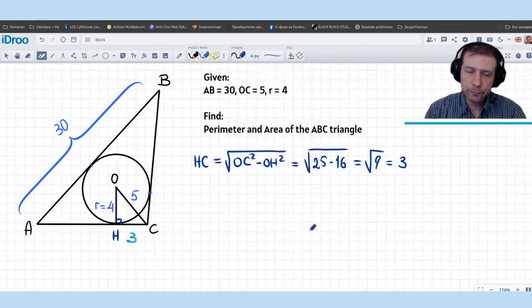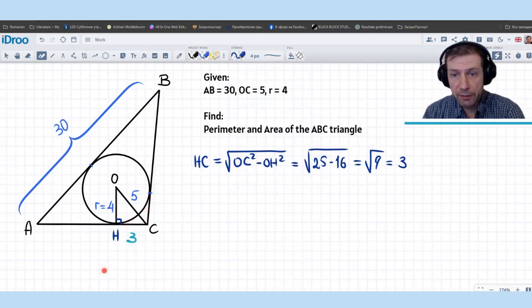After that, we do know that if we draw tangent lines from a point outside of the circle to this circle, then the segments to the points of tangency would be of the same length.